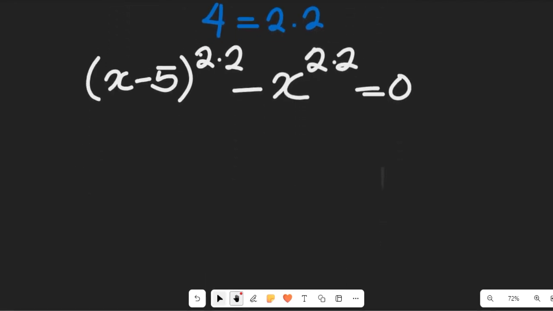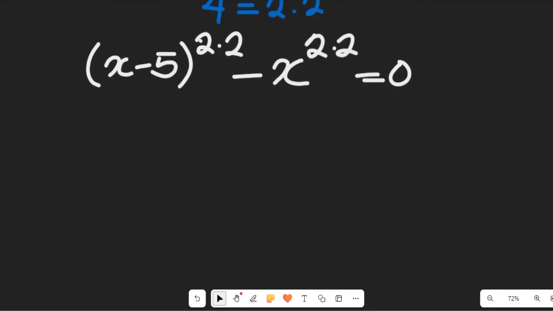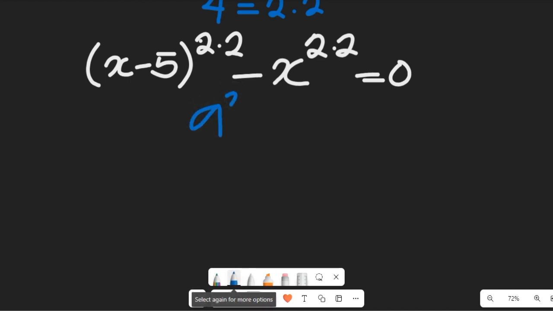Great. Now let's consider simplifying this. I can simplify this by breaking this into a quadratic expression or an algebraic expression. Now recall that if I have a to the power of xy, I can simplify this expression to become a to the power of x multiplied by y.